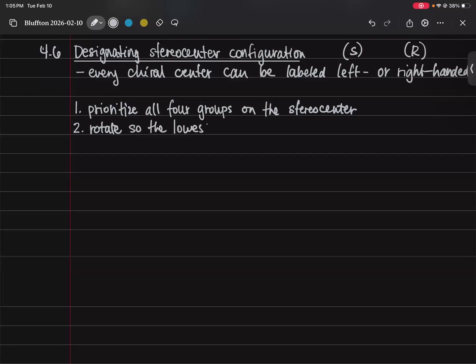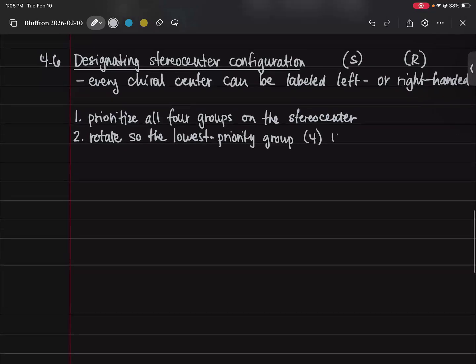Rotate it so that the lowest priority group, and so that's going to be number 4, the 4th priority, is pointing backwards, i.e. is on a hash. It's very convenient if it already is back. You don't have to do anything.